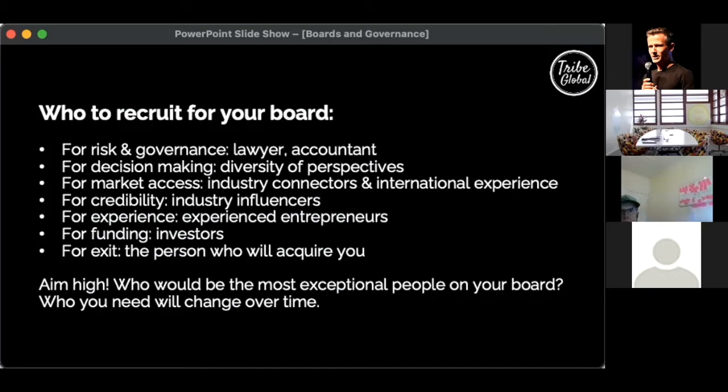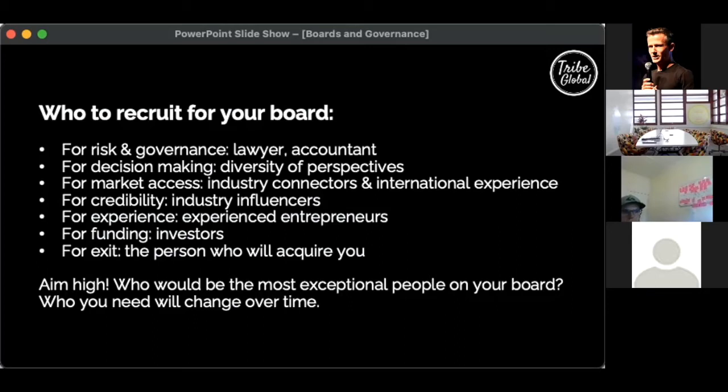So to draw that a bit more concrete, what I mean is there's not a lot of point having a board member who's the expert in where you are right now. You want the board member who's the expert in where you're going or aiming to get to. Because if they're just an expert in where you are right now and they don't know that next bit, then they're actually not going to be able to advise you on the next bit. You'll just essentially stay where you are.